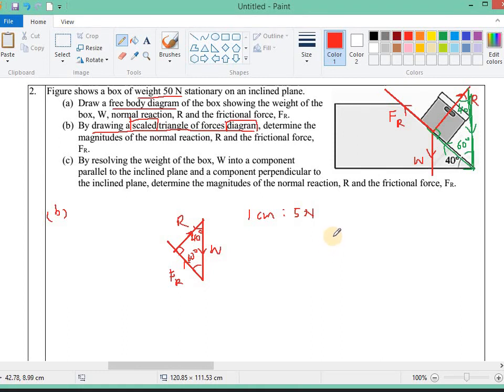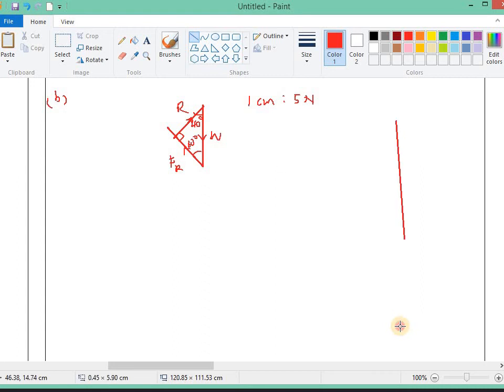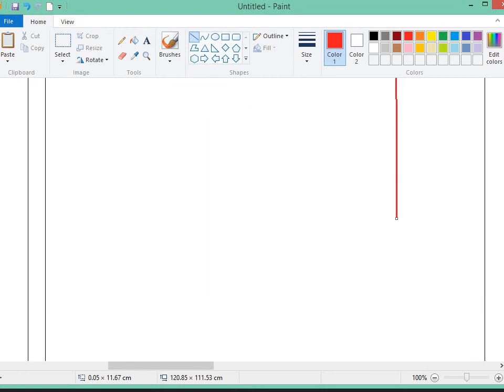So the 50 Newton length will be 10 centimeter. So we can draw this one. Let me make sure it's about 10 centimeter.